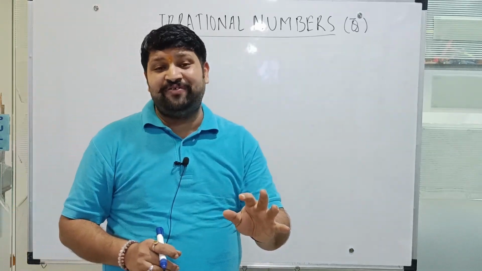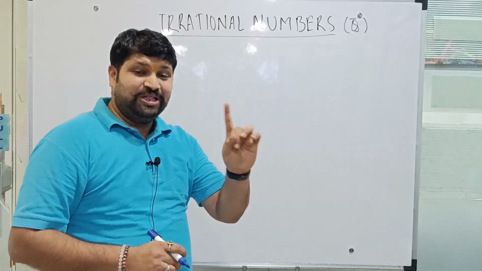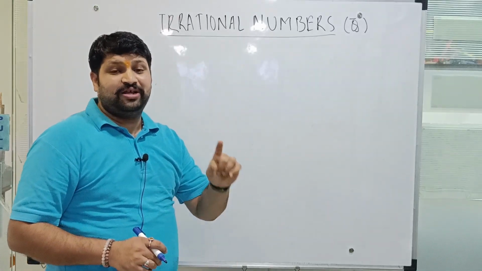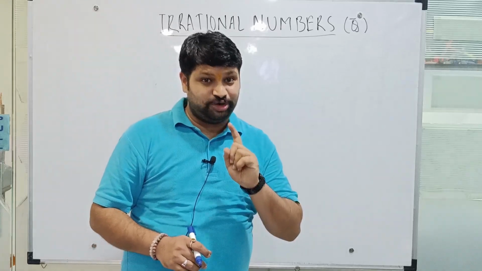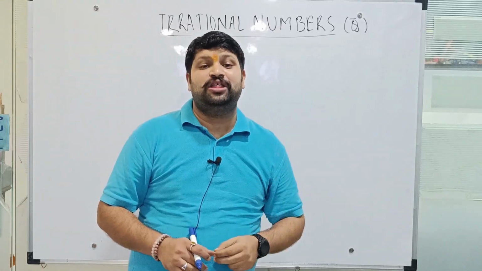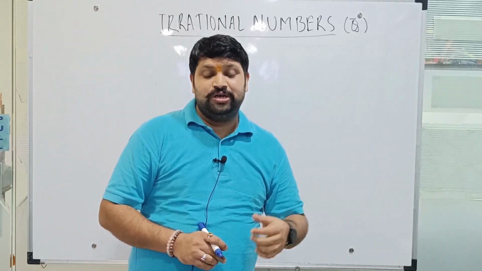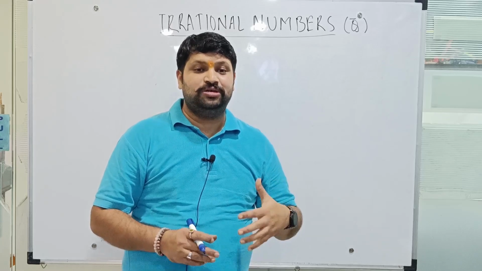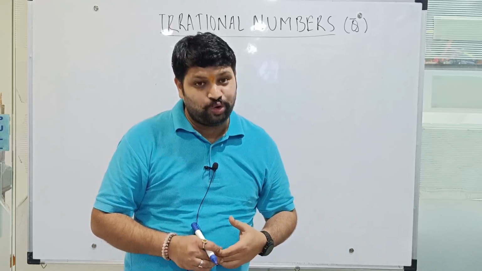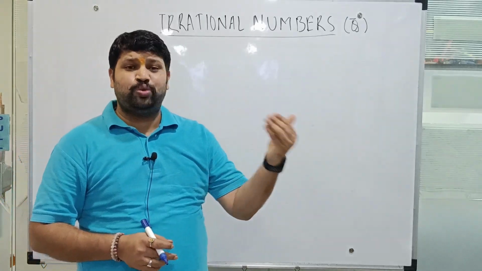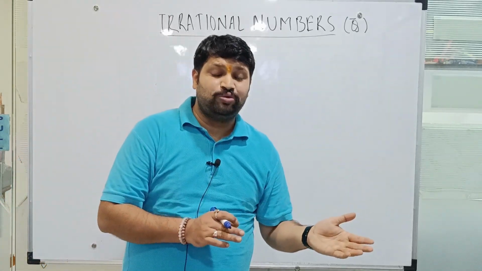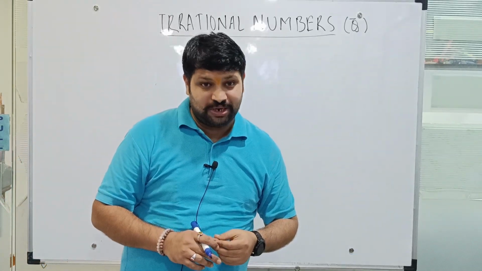Whenever we have to add irrational numbers, one thing that we need to keep in mind is that the number under the root sign should be the same, and the power of the root should also be the same. Now what do we mean by the power of the root? If it's a square root, then we can add 2 square roots if they have the same numbers under them.